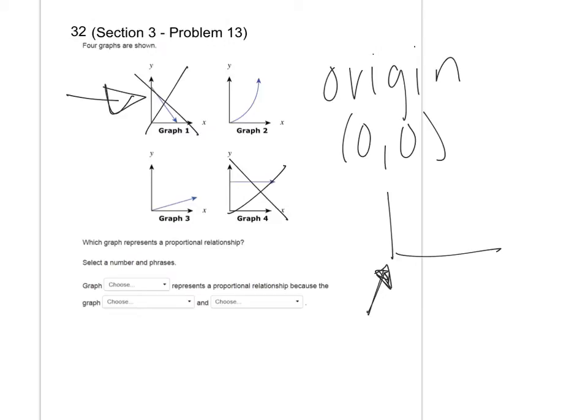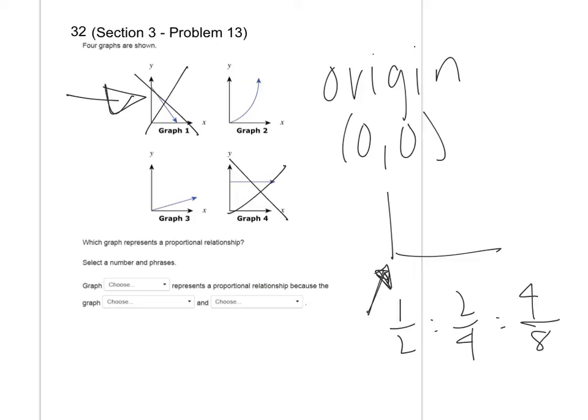The next idea about a proportional relationship. Proportional you can kind of think of as, you have fractions that can be proportional, like 1/2 and 2/4 and 4/8. They all equal each other. They're all proportional. They're kind of the same, is how I like to think about it.